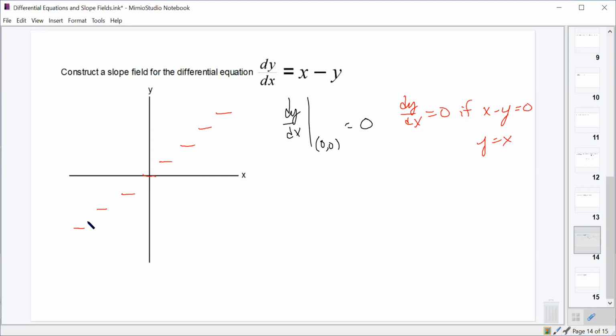What about if I wanted dy/dx to equal some other number? Like, what's another number that's good? 1? That would mean that x minus y needed to equal 1. Well, this is just a linear equation, right? It's the linear equation y equals x minus 1, isn't it?